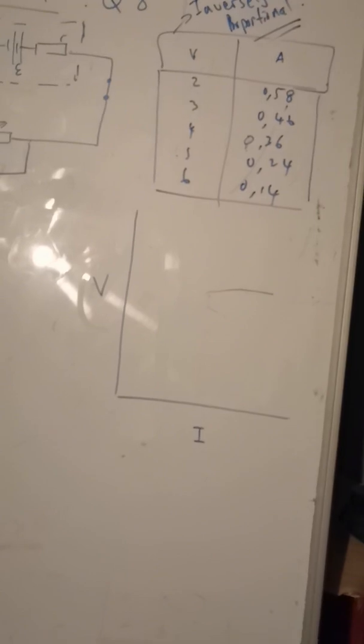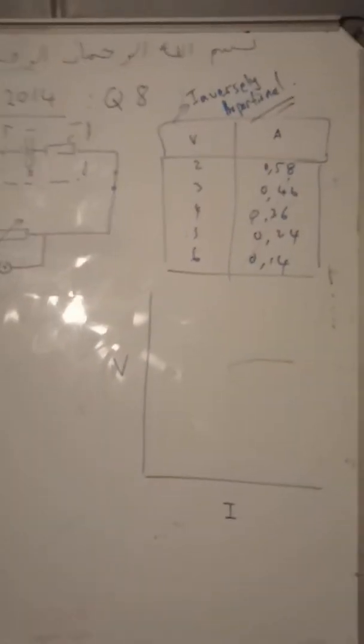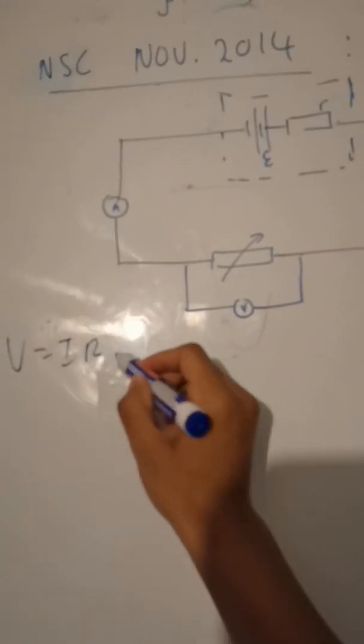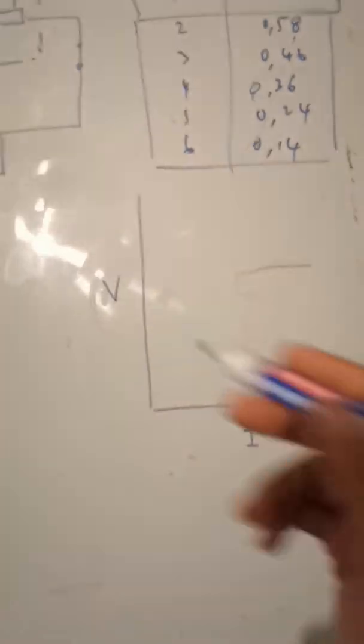The first question is, state one factor which must be kept constant during the experiment. If you look at Ohm's law, you've got V equals I times R. Here we are identifying the relationship between voltage and current.